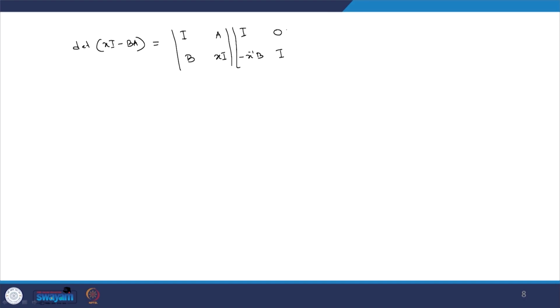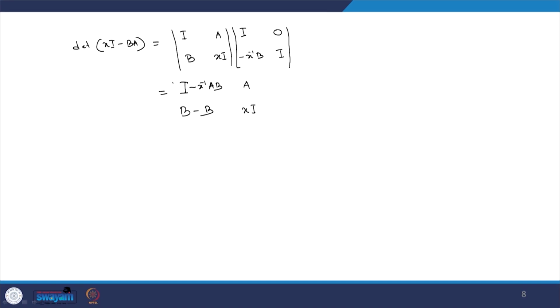Using this, the final matrix will be I minus x inverse AB in the first entry, and the second one will be A. Then again I am getting x times x inverse, then minus B, and then this one will be 0 and x times I. Is it correct?